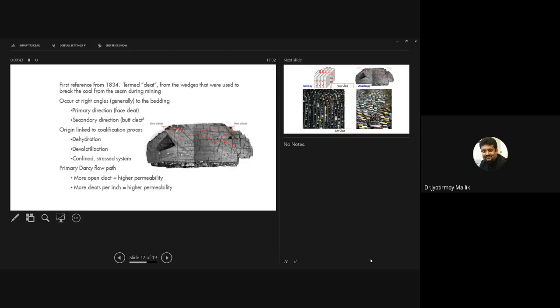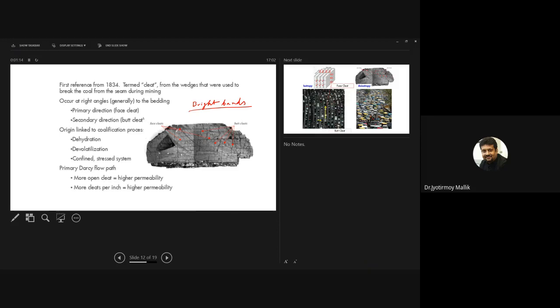And then there are secondary cleats, which are smaller cleats that essentially connect face cleats and form the whole fracture network. We also said that cleats generally form in the bright bands. Bright bands are the vitrinite-rich bands, which are formed by the woody material.